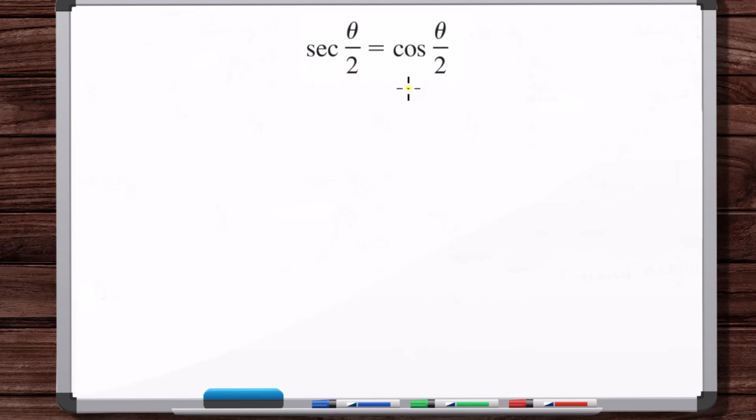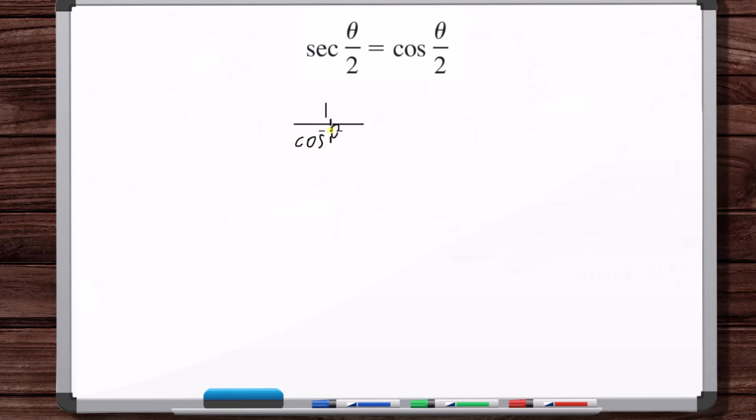What about something like this? Do we need to convert these to single angle? Maybe, but we want to first see if we can just solve these with just leaving the single angle as is. If we can get it in terms of all cosine or all secant, well, we know secant is a reciprocal of cosine.